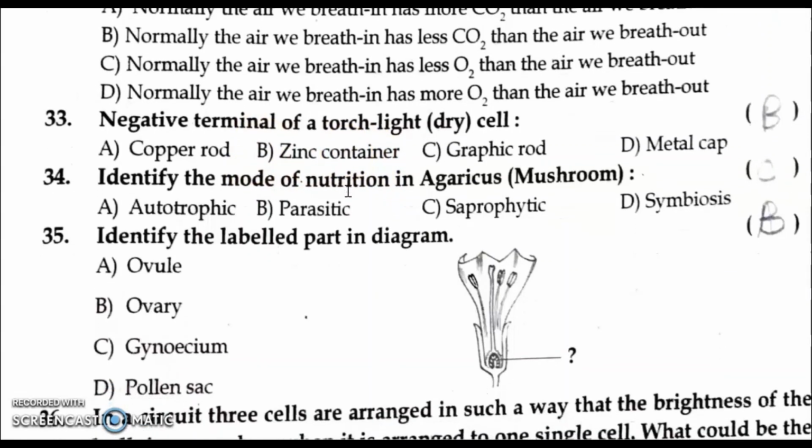Identify the mode of nutrition in Agaricus, which is mushroom. Here we can easily say that mushroom is not parasitic, it does not depend on any other plant, but it is saprophytic. It's a saprophyte.